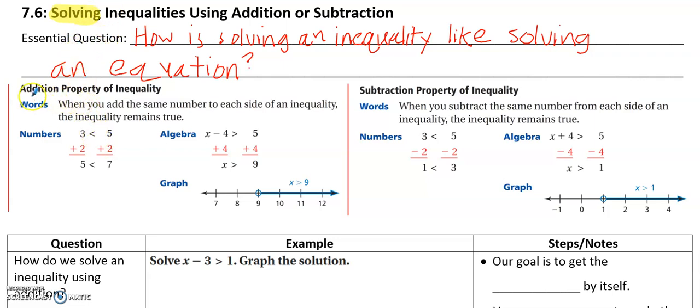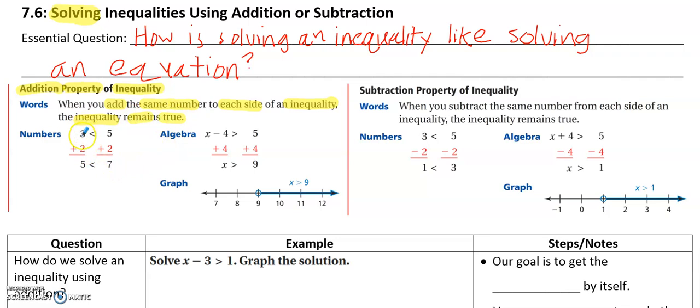Okay, look for some clue words here that remind you of something else. Addition property of inequality. That sounds like the addition property of equality, which is what we used with equations. So it's essentially the same thing. When you add the same number to both sides of the inequality, it remains true.